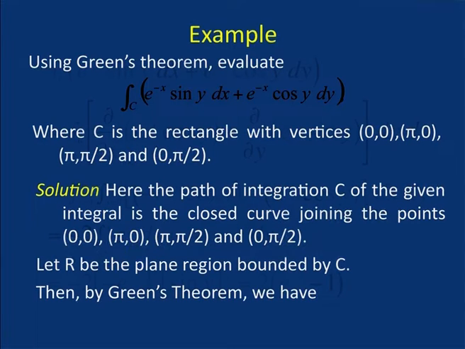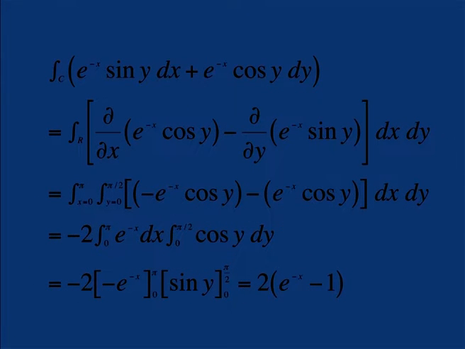Then by Green's theorem, the integral over C of the given integrand is equal to the double integral over R of (del psi over del x minus del phi over del y) dx dy, that is, the integral over C of e to the power minus x sin y dx plus e to the power minus x cos y dy becomes the double integral over the surface R of del over del x of e to the power minus x cos y minus del over del y of e to the power minus x sin y dx dy.